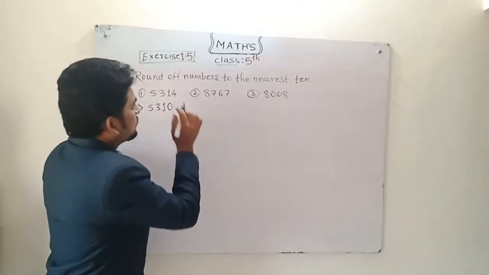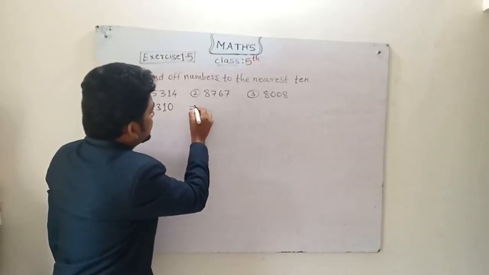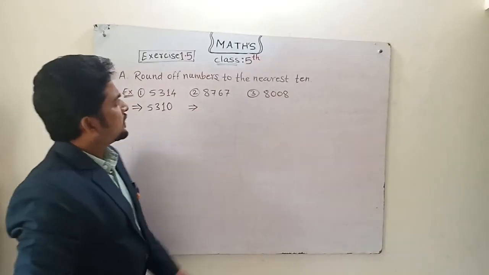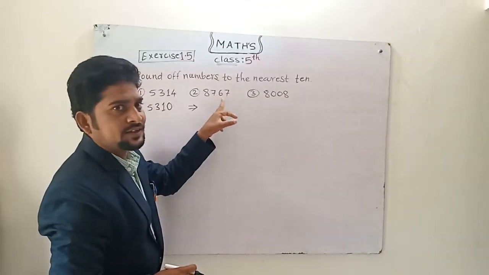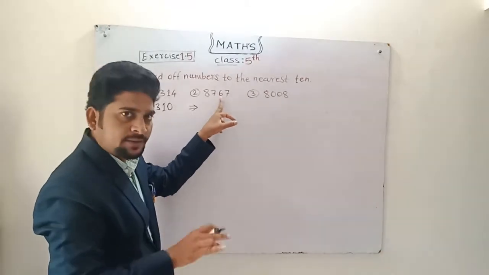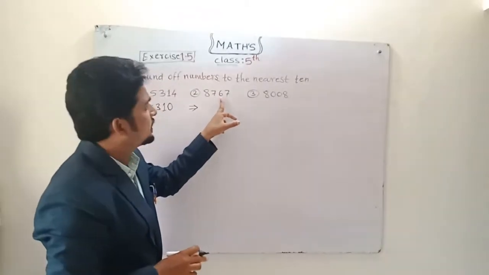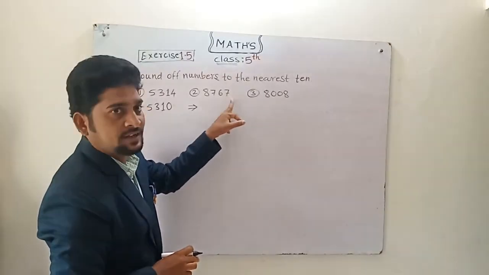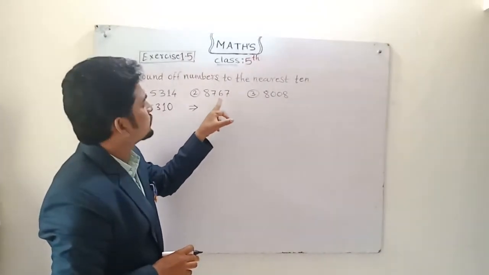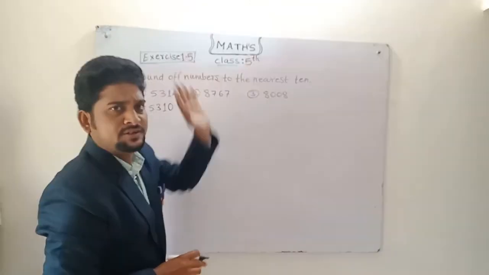Okay. From question number 2, again you will get nearest 10 only to find. Ones and tens. Tens place is 6. Okay. 6 will be the same, otherwise it will be changed, but it depends on another value. The other value is 7 here. More than 5. So definitely it will be changed now.